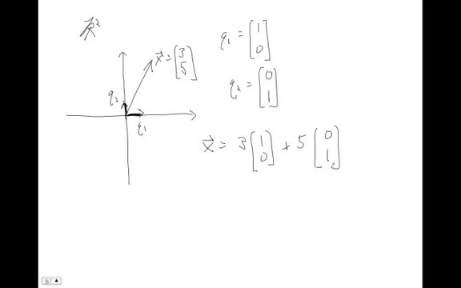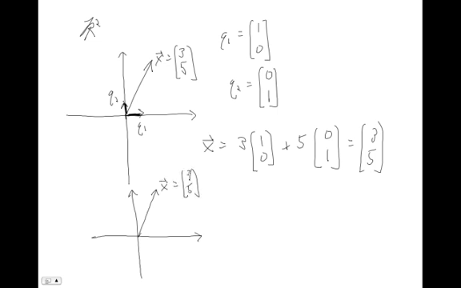This is very intuitive, and we have a ton of intuition from other classes about looking at vectors like this. The thing that might not be so intuitive is, let's look at the exact same vector, x equals 3, 5.